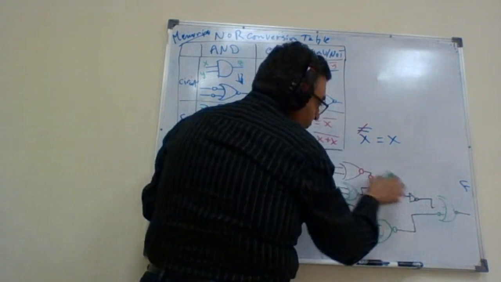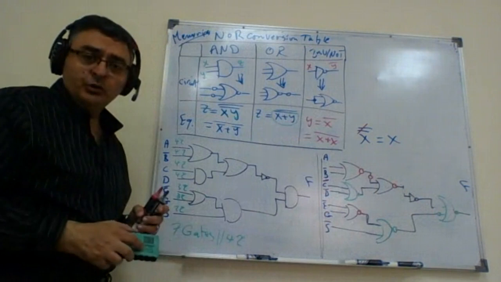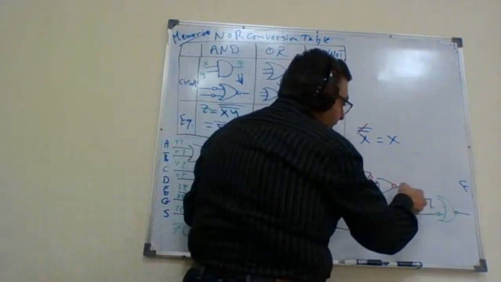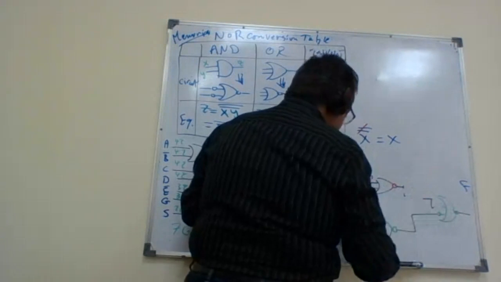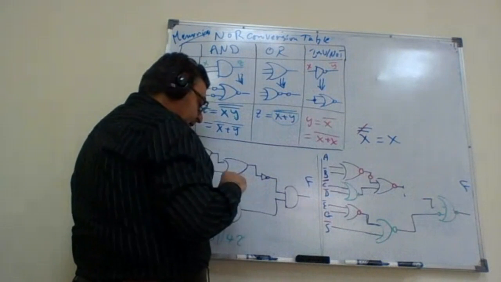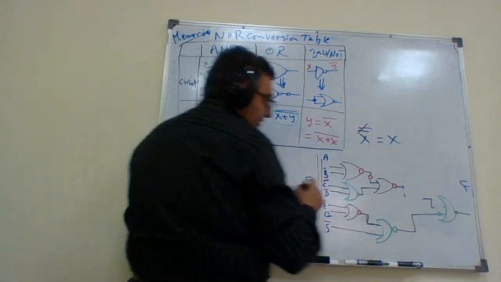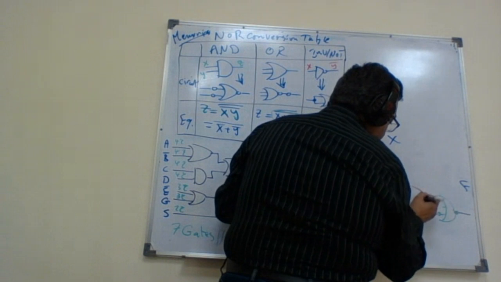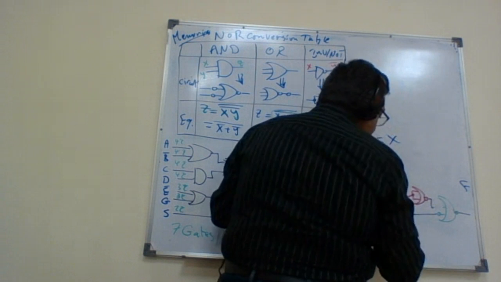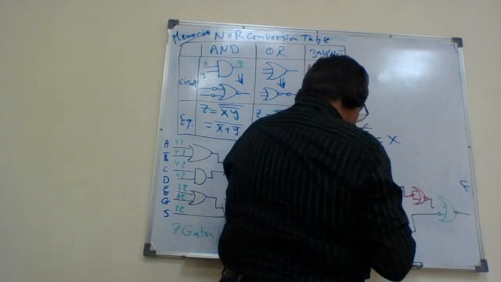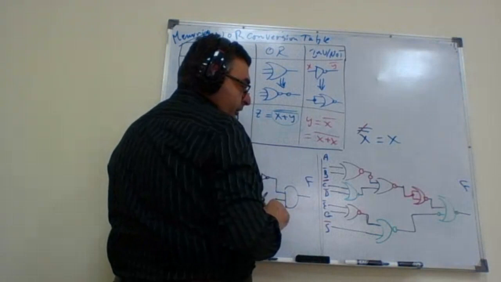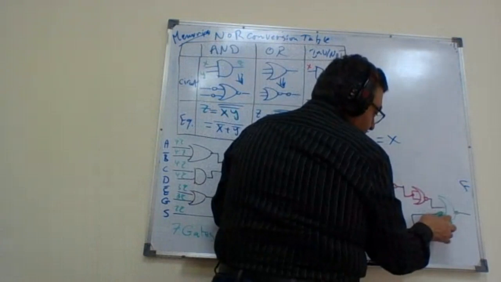These 1, 2, 3 inverters have no analogous inverters to cancel them. So I have to remove them and replace them with NOR gates. So this one will be removed and replaced with a NOR, connecting both inputs to the wire. Here this is already cancelled, so it's a wire. This is one. The other thing is here, this also.